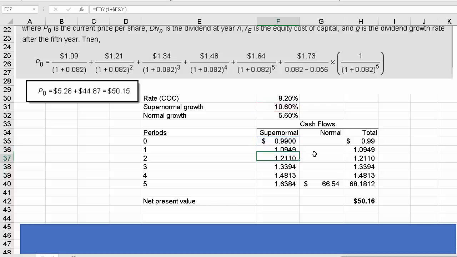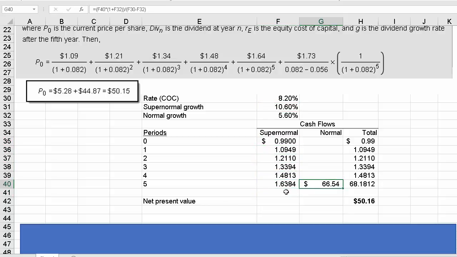That's 10.6%. And once I have that, you can just simply copy that formula down. Now you notice that it's always referencing the 10.6%. That's an absolute reference formula with the dollar before the column and the row. All right, so there's my cash flows for the supernormal period.